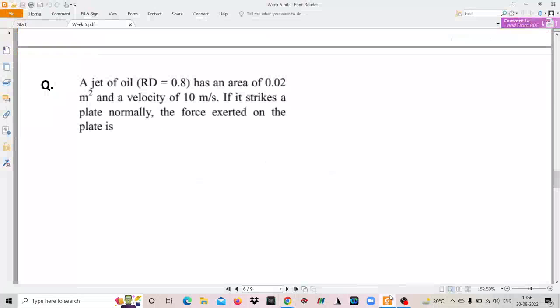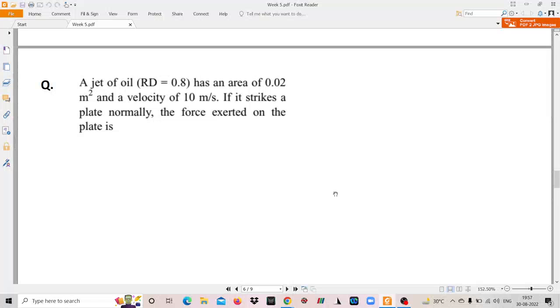Okay. Now in this problem, the relative density of the oil is given as 0.8. So you can find density. How can you find density? Density is 0.8 into 1000, so 800 kg per meter cube is the density. The area of the jet is given, which is 0.02. So if you know the area, you know the velocity. It is given in the question as 10 meter per second.